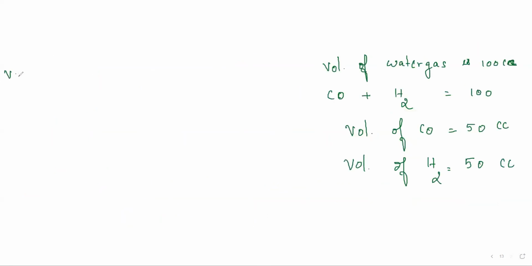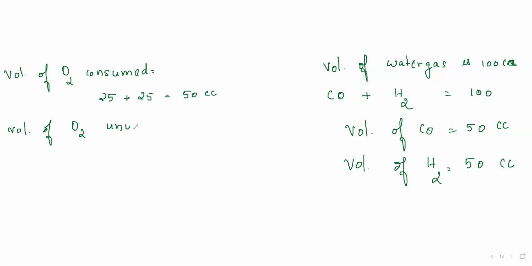Volume of oxygen consumed is 25 plus 25, that is 50 cc. Volume of oxygen unused or remaining is 100, which was given initially, minus 50. So 100 minus 50 is once again 50 cc.